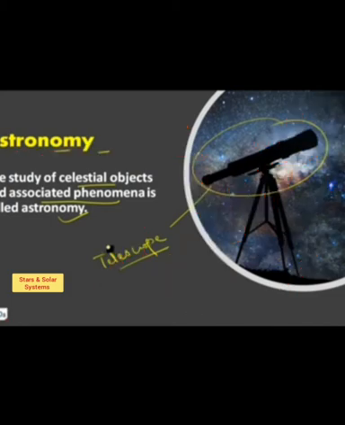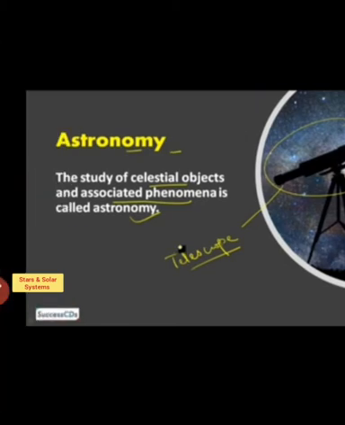So astronomy is the branch of science in which celestial objects and their associated phenomena are studied. The instrument used to study these phenomena is said to be the telescope. That helps in studying these objects.